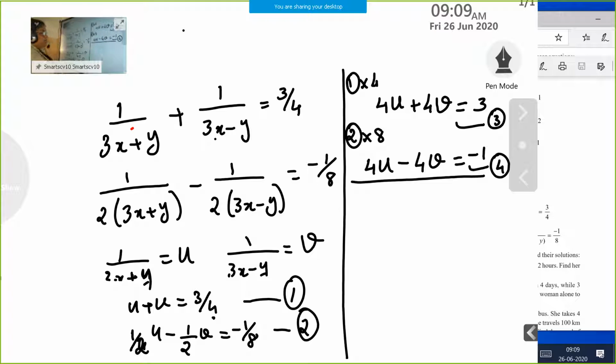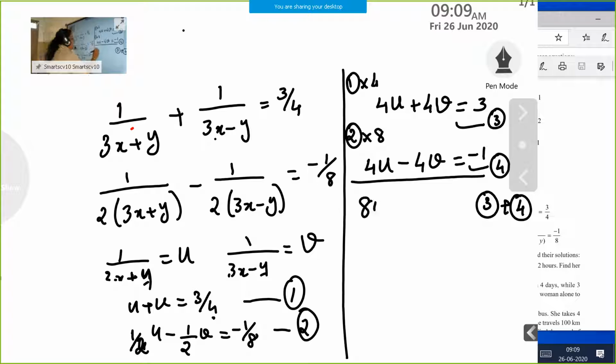Using the elimination method, the v term is plus 4v and minus 4v. So we add equation 3 plus equation 4.